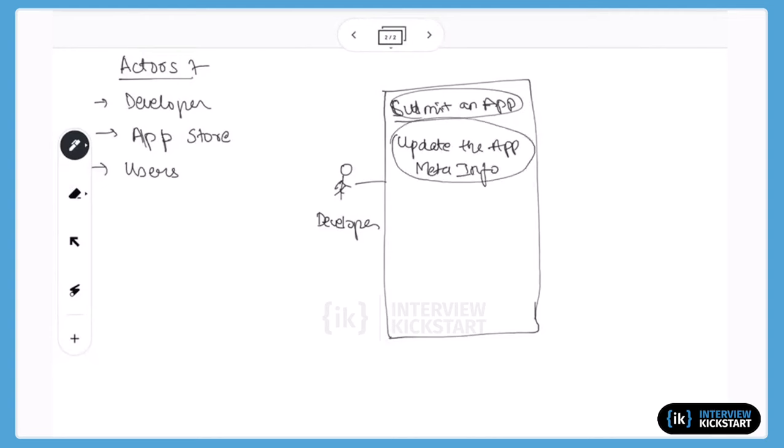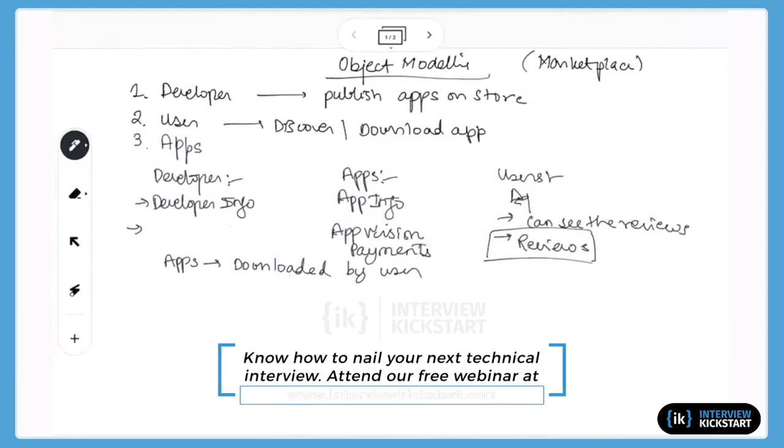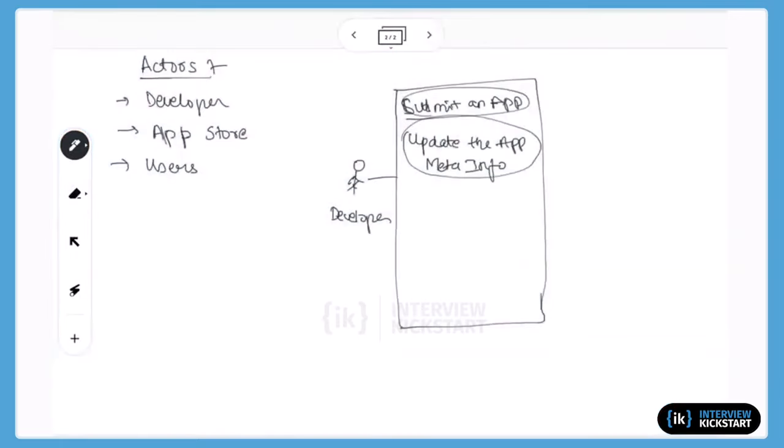What else? Let me just take a look at what we discussed. A developer can publish apps on the App Store, can submit an app, and can also update the information about the app. Submitting an app can be of two types, like you said.